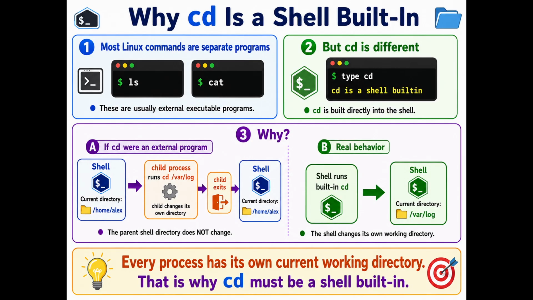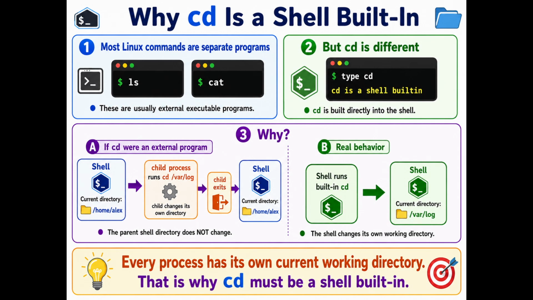Why does cd need to be built into the shell? Because every process has its own current working directory. Suppose cd were an ordinary external program. The shell would start the program as a child process. That child process could change its own directory. But it could not permanently change the directory of the parent shell.